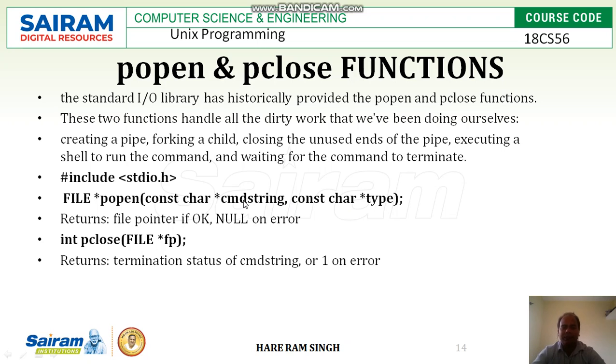Here two parameters are there: one is the command, another is the type. The type is either read or write, and the command string is the command itself. popen returns a file pointer if it executes successfully, or a null pointer if an error occurs.